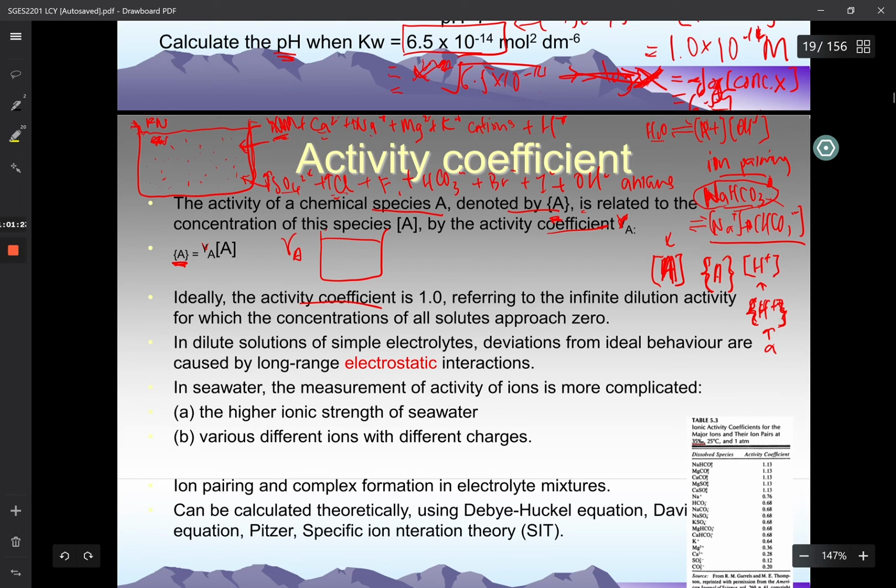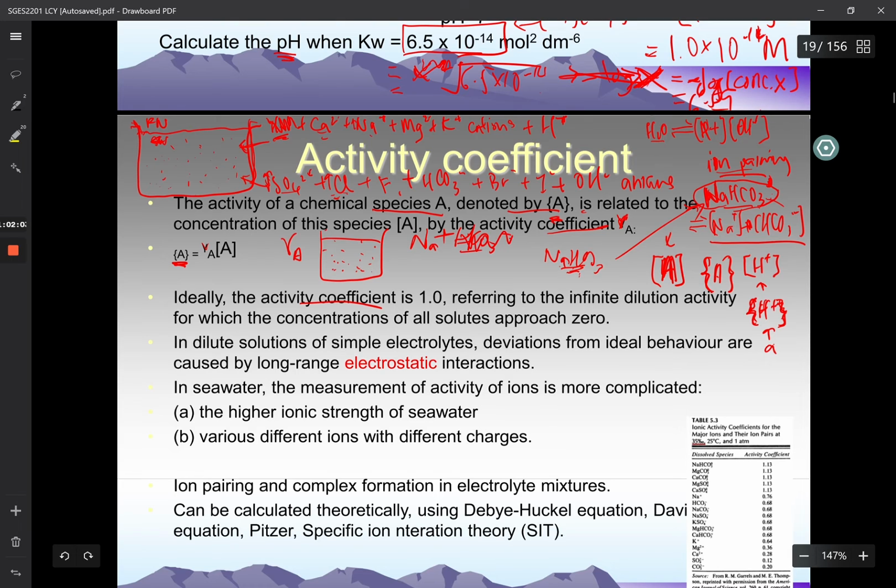solutions where you don't form any of these pairs. It's a very dilute solution, so the chances of forming sodium bicarbonate or any ion pairing will be very low. So these ions are always freely available, not bound to any other ions with opposite charge.